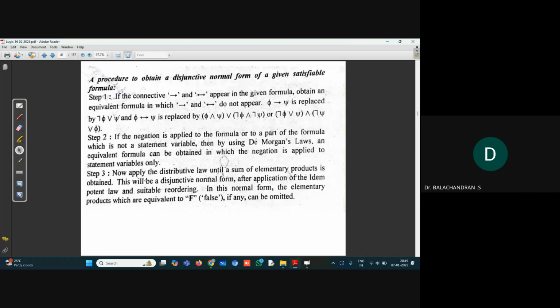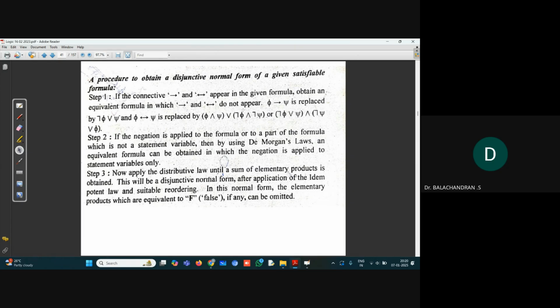So here the procedure is given, but step one is enough. Here they gave a procedure to obtain a disjunctive normal form of the given formula. Suppose you have the connective implies. If you have this connective, first you should remove it.